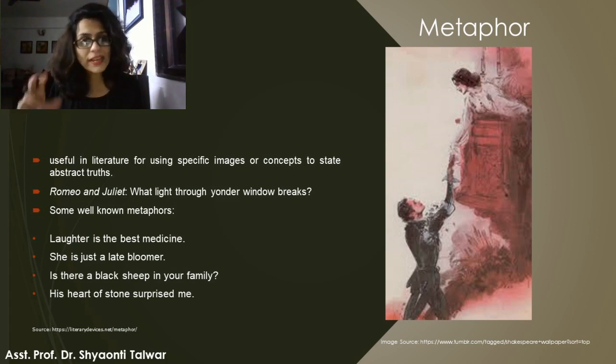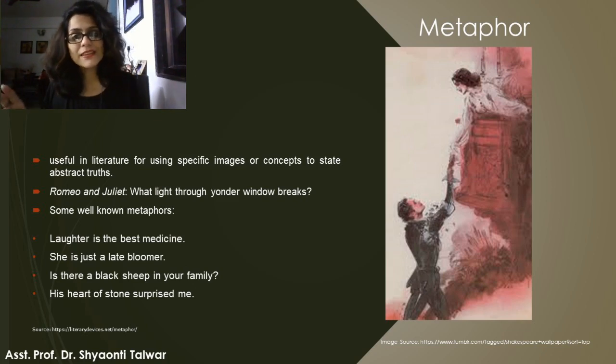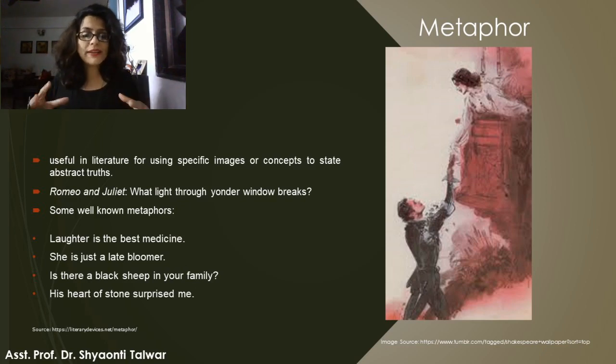Now it is not actually light, it is Juliet standing by the window, but he is attributing the qualities of light to Juliet. So Juliet is someone whose very presence lights up Romeo's life. That could be one meaning. The other could refer to her appearance. She's so beautiful, she's so radiant that she's glowing with beauty.